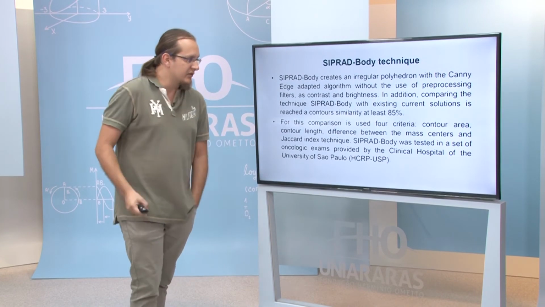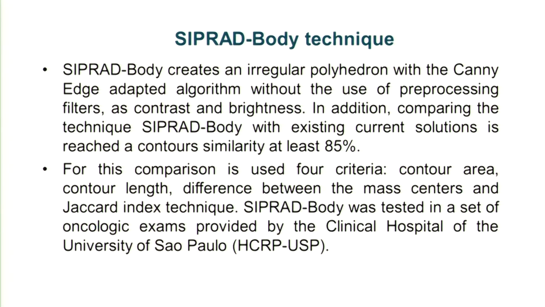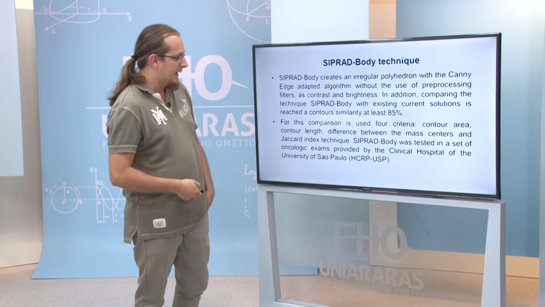For this comparison, four criteria are used: contour area, contour length, difference between the mass centers, and the Jaccard index. SIPRAD body was tested on a set of oncologic exams provided by the clinical hospital at the University of São Paulo. It's a survey of patients.